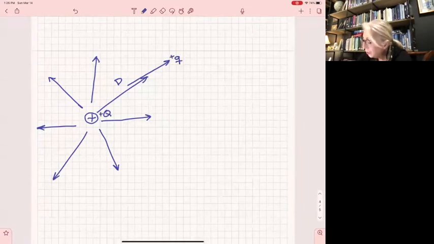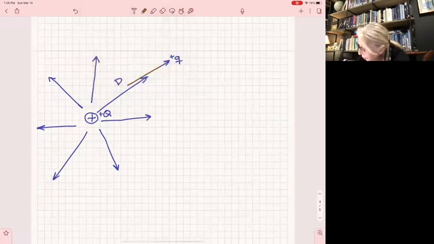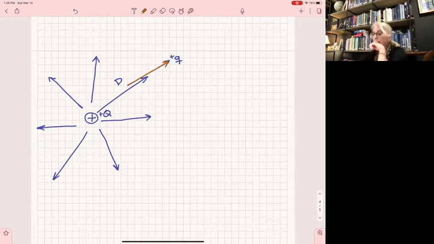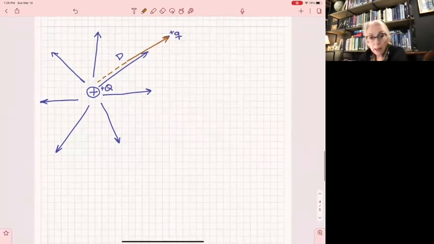So your D would be the path you would be forced to follow as a little charge to run away, because you will be pushed away from this positive charge, and then you would run along a D line. All right, so your line will be your D line if you were a positive charge. That would be your path moving away, how you would go away from the positive charge along this straight line.